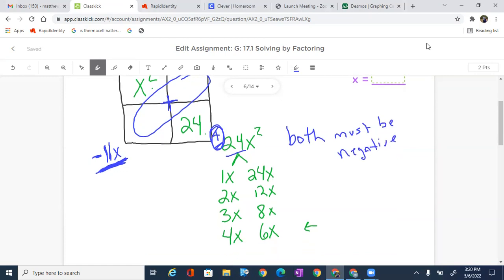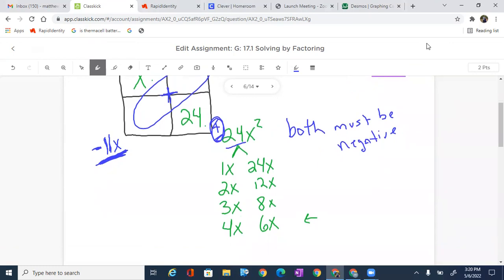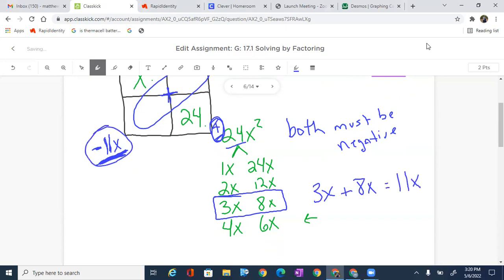And as we go through here, we just kind of go, okay, well, let's see how we can get a negative 11. Can 1 and 24 get us a negative 11 if we add them? No. How about 2 and 12? No. What about 3 and 8? Well, 3 and 8 will get me an 11. 3x and 8x, if I add them together, will give us 11x. But I need a negative 11x.